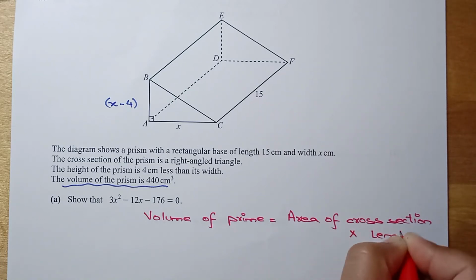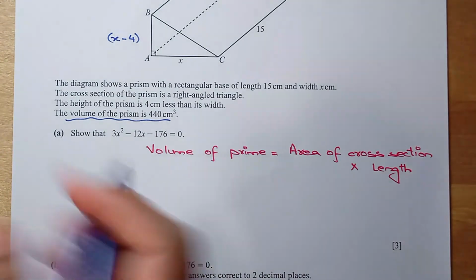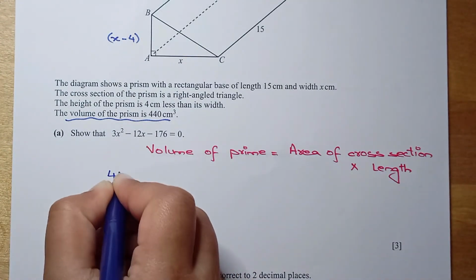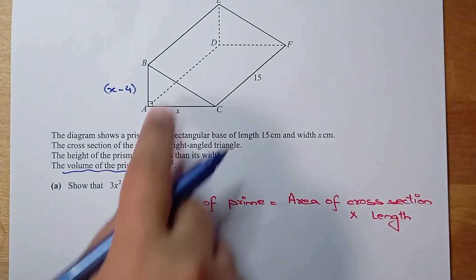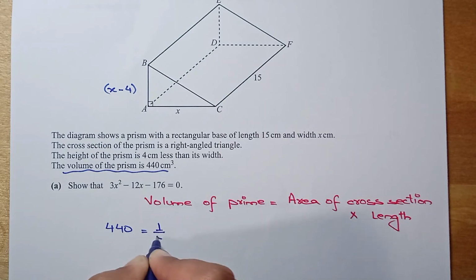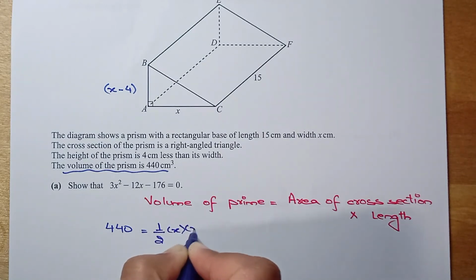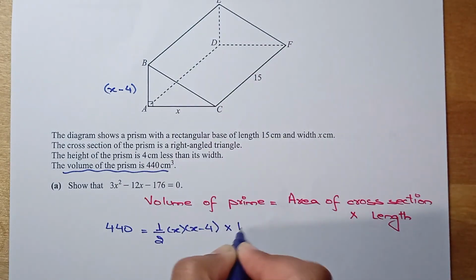This is the formula for the volume of a prism, right? So in our case, the volume we have is 440, and this is equal to area of a cross section. In cross section, we have a right angle triangle and its area is half base times height. Base is x and the height is x minus 4, and times by the length of the prism, 15.